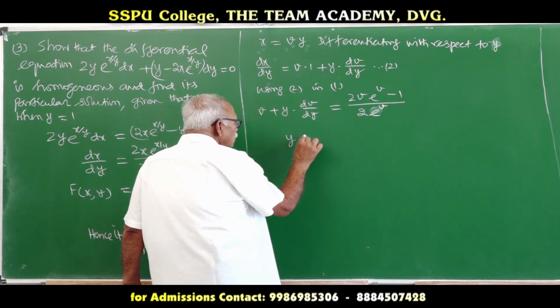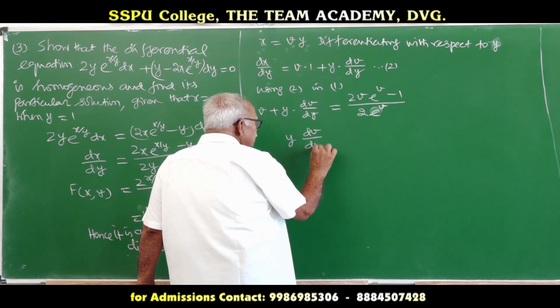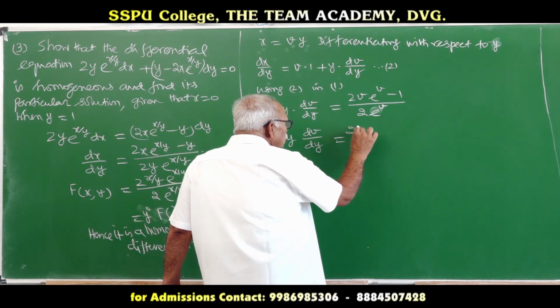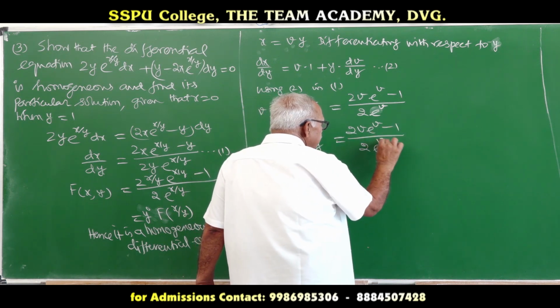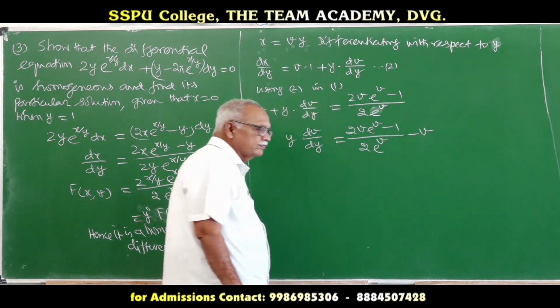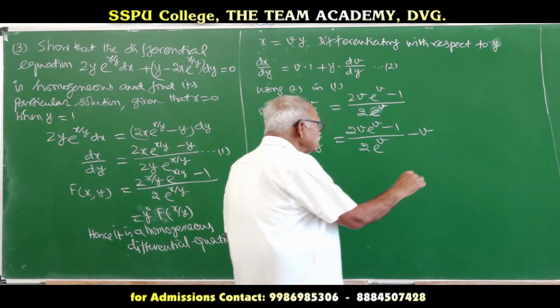Now y into dv by dy is equal to 2 into e power v minus 1 divided by 2 into e power v minus v. Let us simplify this.